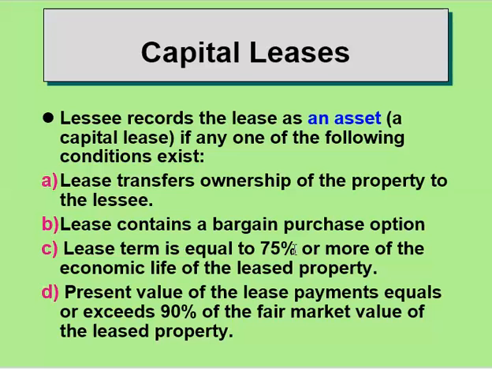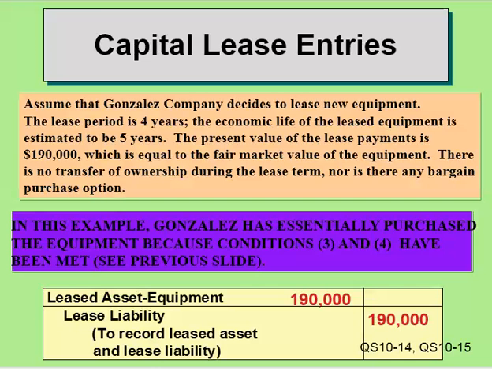The lease term is equal to 75% or more of the economic life of the leased property. Or the present value of the lease payments equals or exceeds 90% of the fair market value of the leased property. Under any of these conditions, you're essentially buying the lease or buying the asset. And if that's the case, again, we're going to debit the lease equipment and we'll credit the lease liability here.